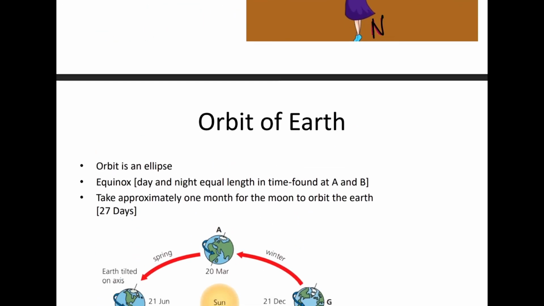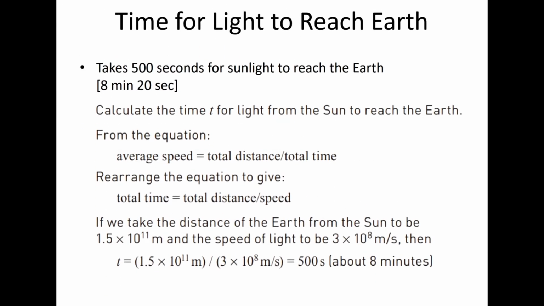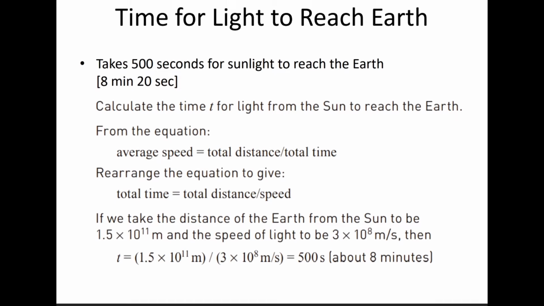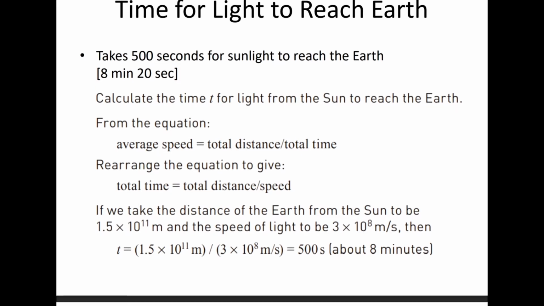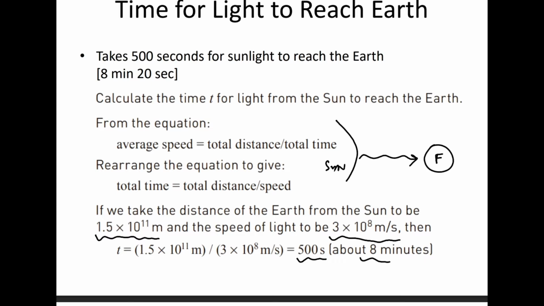And then the time for the light to reach Earth. You see, the distance between the Earth and the Sun is known. We know that distance. We know the speed of light in vacuum. So it takes approximately 500 seconds or approximately 8 minutes for the light from the Sun to reach the Earth.